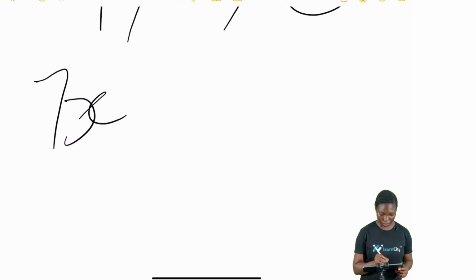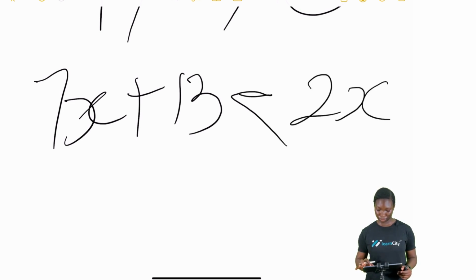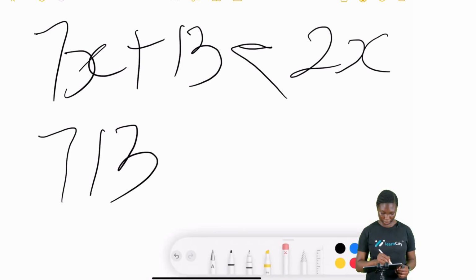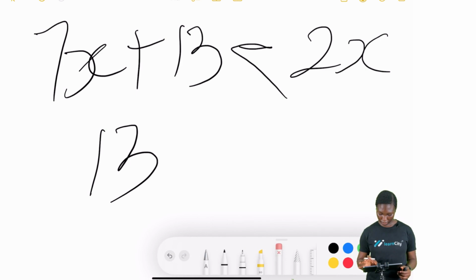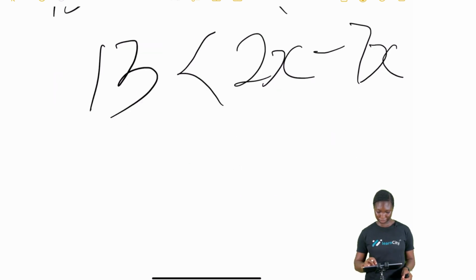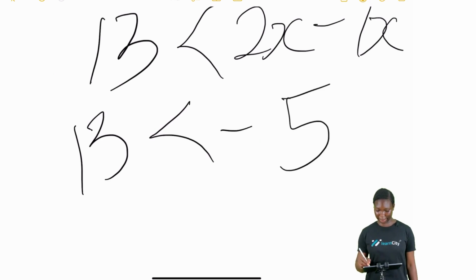So for our first example, we have 7x plus 13 less than 2x. So we have 13 less than 2x minus 7x. So we have 13 less than minus 5x.